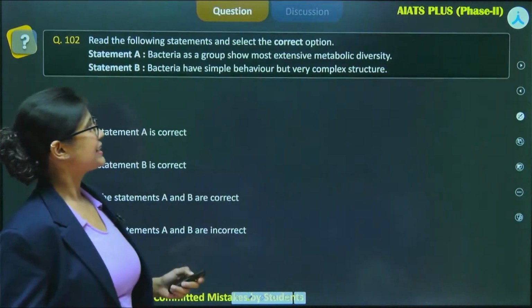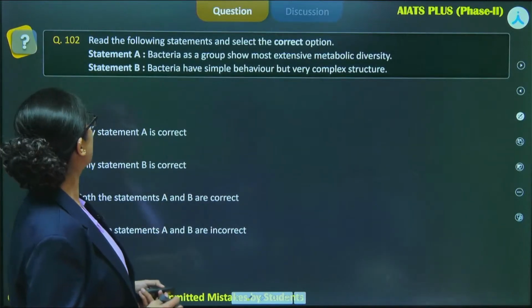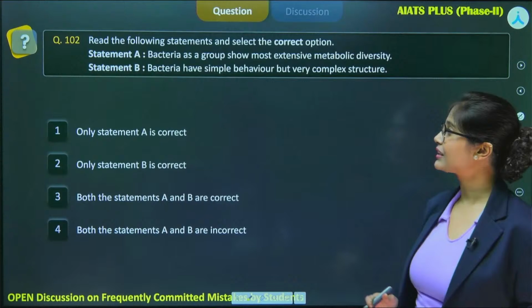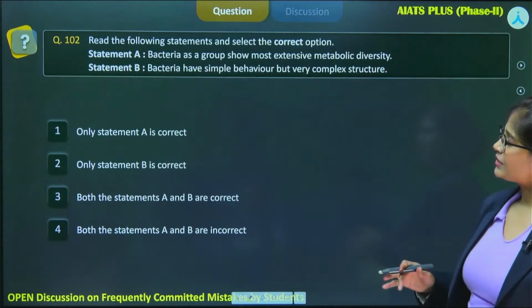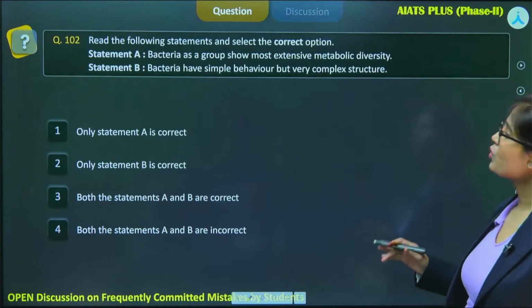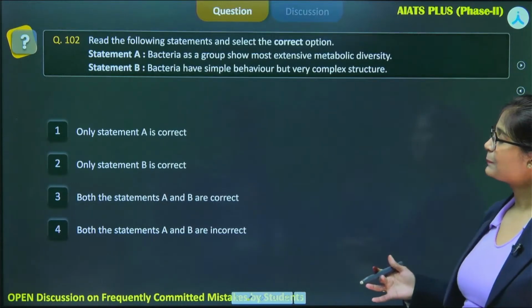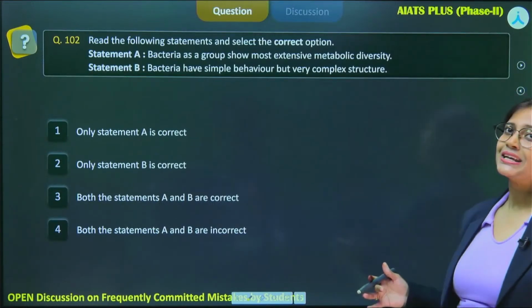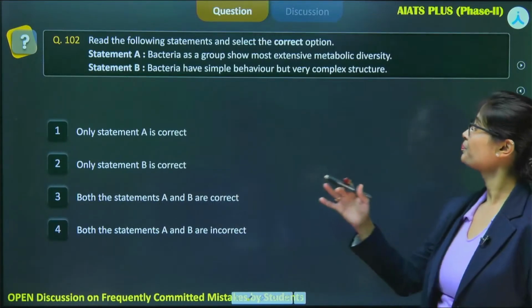Now, let's see the next question, which is again from biological classification. Here two statements are given. Statement A is for bacteria, which says bacteria as a group show the most extensive metabolic diversity. And the next statement is that bacteria have simple behavior but very complex structure.